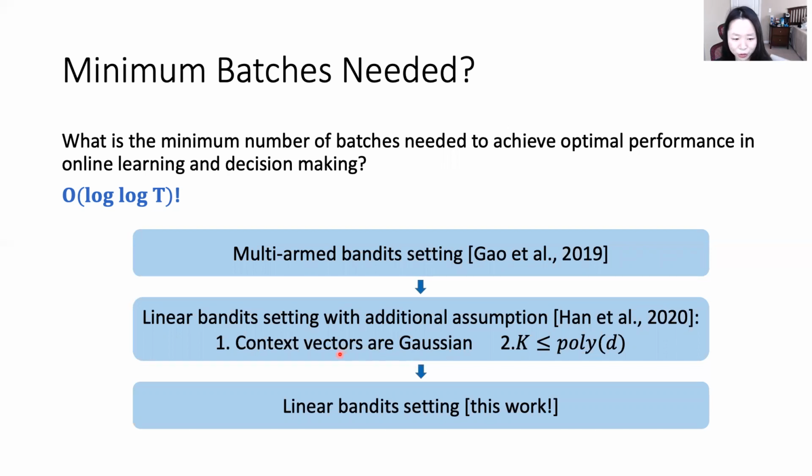First, they assume that context vectors are Gaussian, and then they assume that the number of actions k is pretty small. It seems that their algorithm cannot be easily extended to the general setting. In this work, we managed to do this by introducing new algorithms.